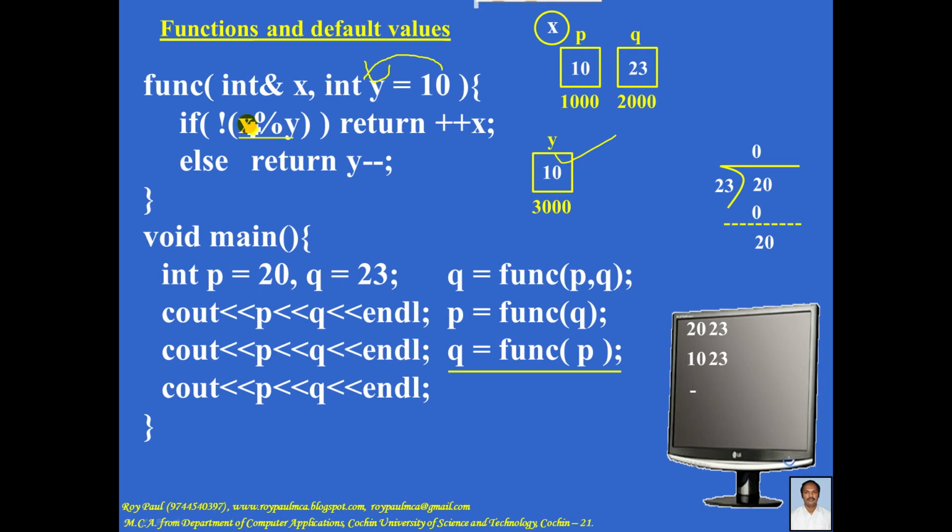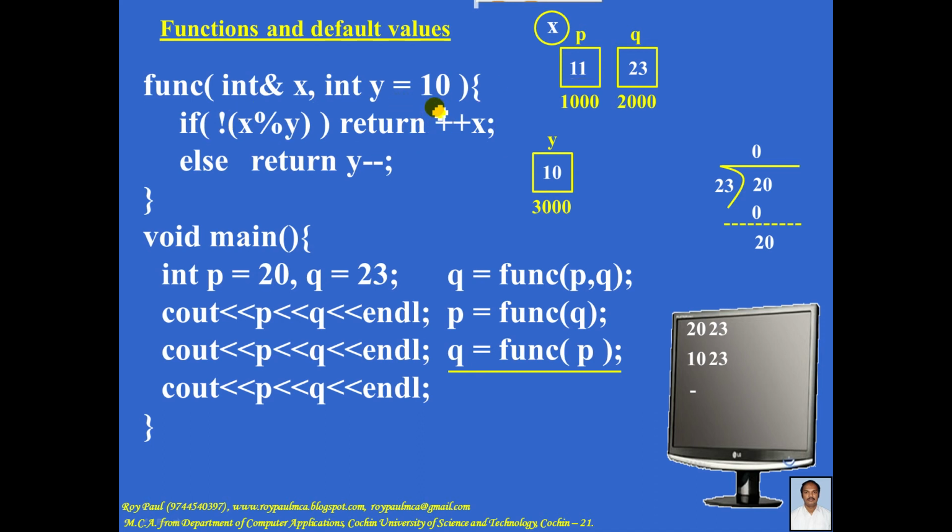Now x modulo y, what is x? X is 10. What is y? Y is also 10. So here 10 modulo 10, when you divide 10 by 10, the remainder is 0. 0 equal to 0, condition true, so this will be executed. Now prefix operator, change and use. So first plus plus x, so x becomes 11. And the changed quantity 11 should be used for returning the answer.